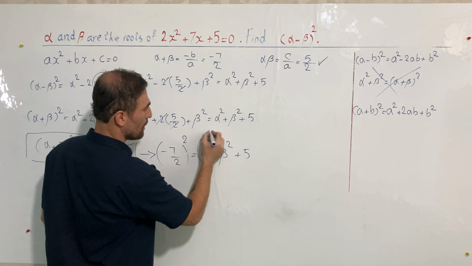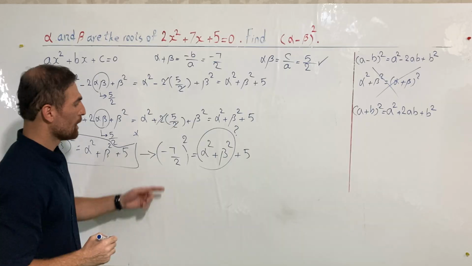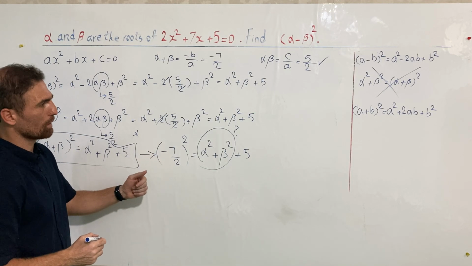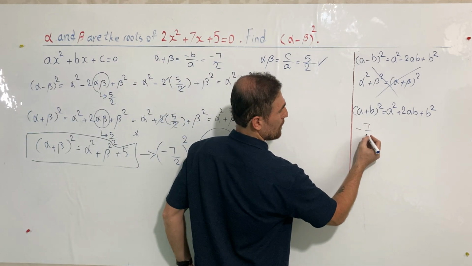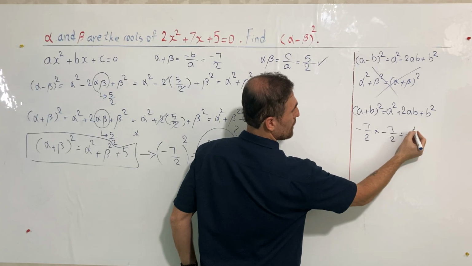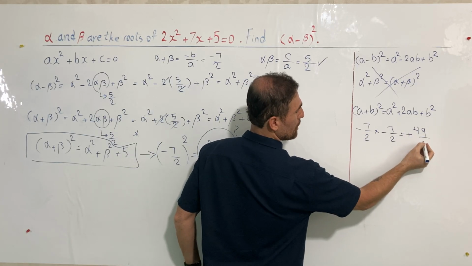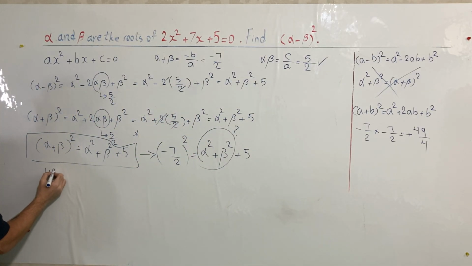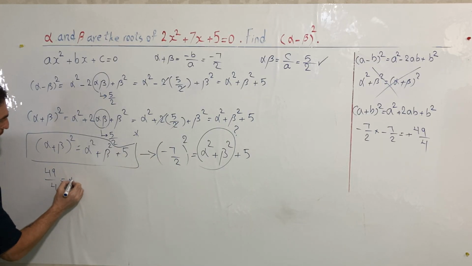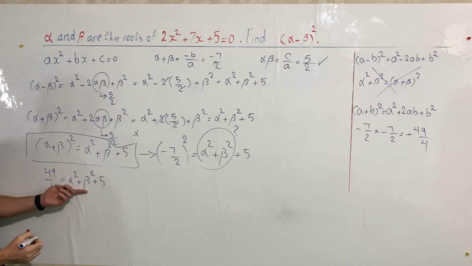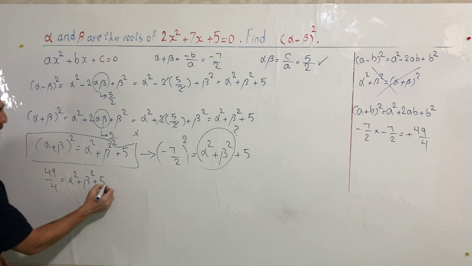So, what is the value of alpha plus beta squared? Negative 7 over 2 squared is going to be negative 7 over 2 times negative 7 over 2. Negative times negative is positive, 7 times 7 is 49, 2 times 2 is 4. So we have 49 over 4 equals alpha squared plus beta squared plus 5. So what is the value of alpha squared plus beta squared?